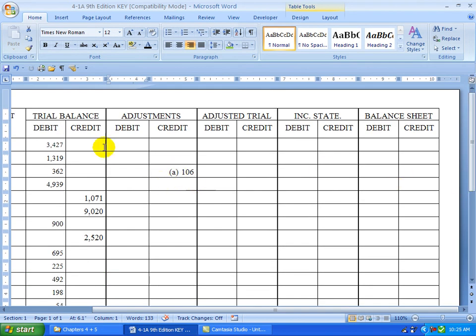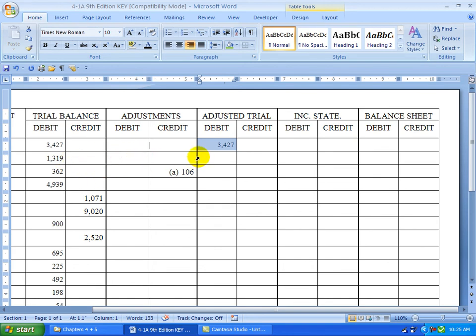The adjusted trial balance is where you combine what's in the trial balance with what's in the adjustments. So here's cash. It's not been adjusted, so the adjusted balance is just the same. We're going to go over here, and it would just be bringing that amount over. And the next one is accounts receivable.